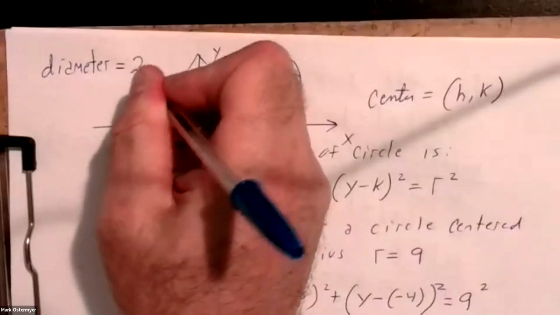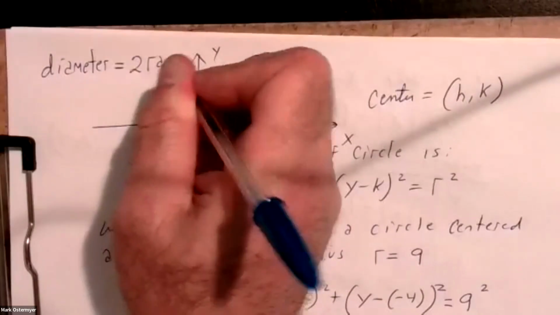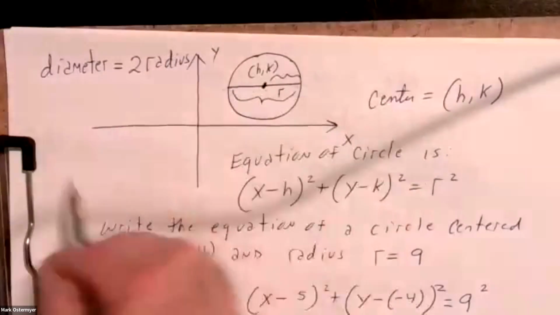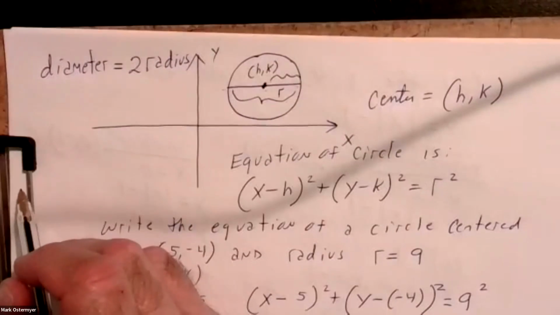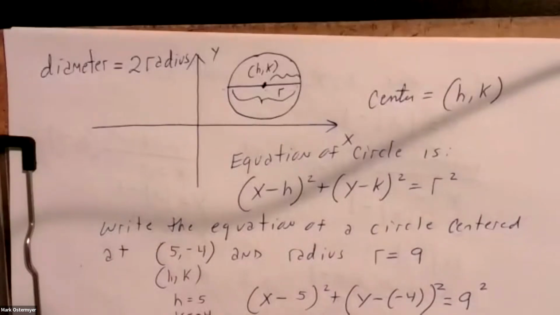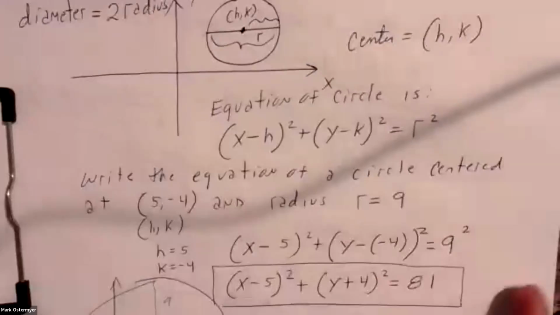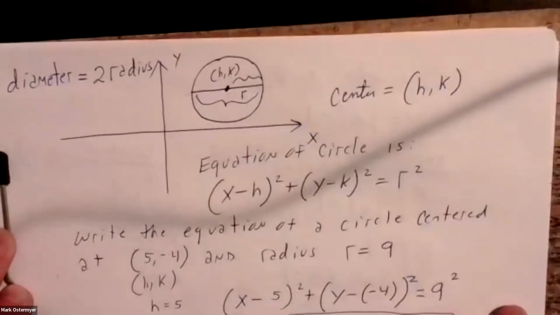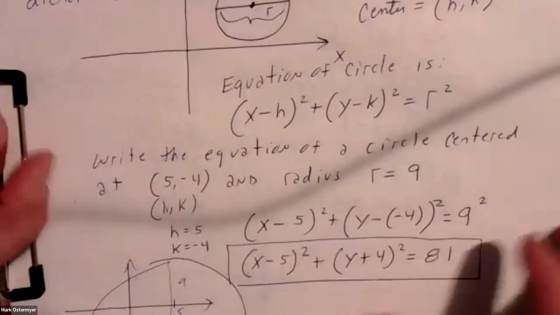So a diameter is always 2 times the radius, or the radius is half the length of a diameter. Is that making any sense to you? So diameter is always twice the length of a radius, or a radius is always half the length of a diameter.